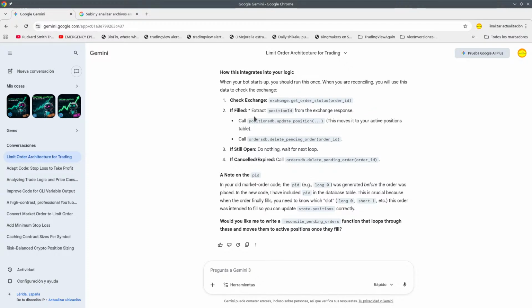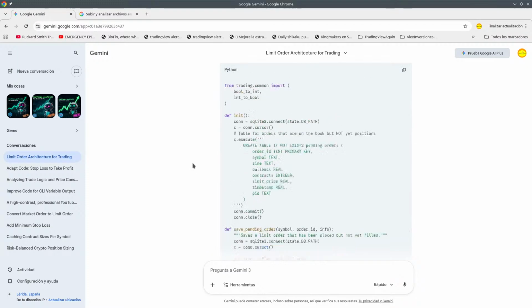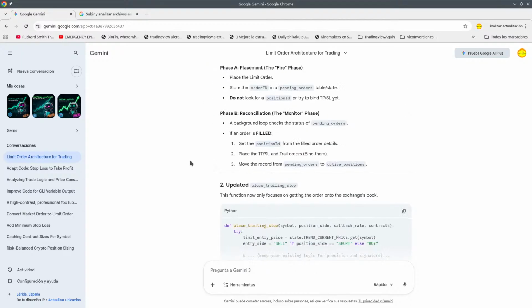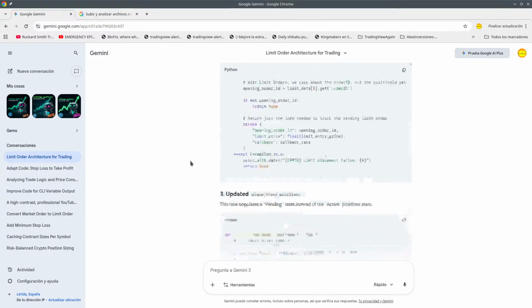Check exchange. And now let's take a look at what else it was asking us to do.